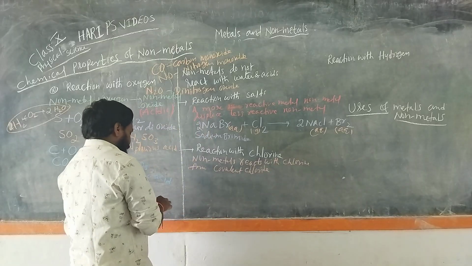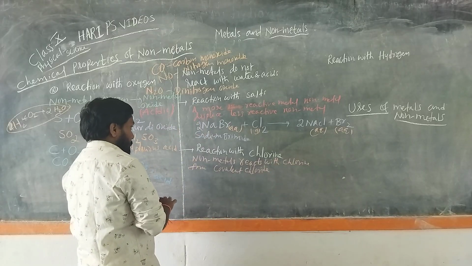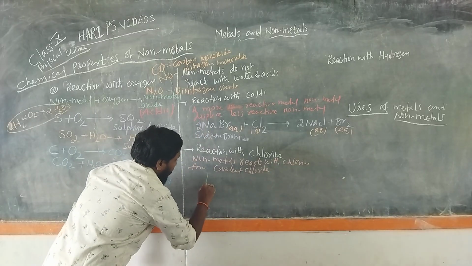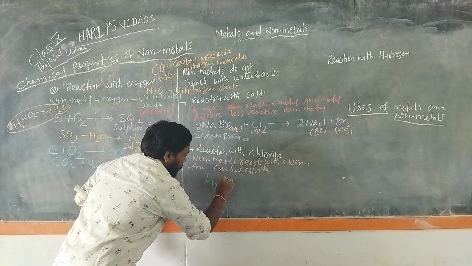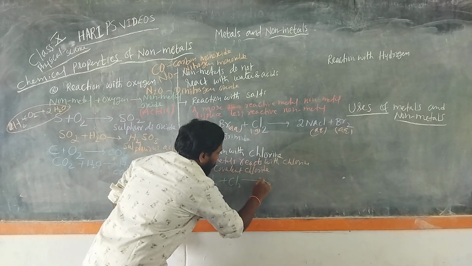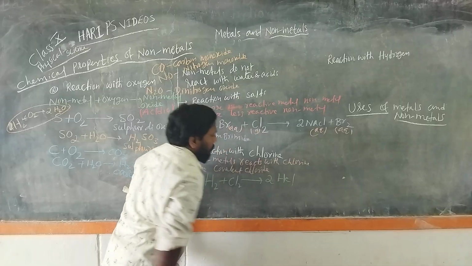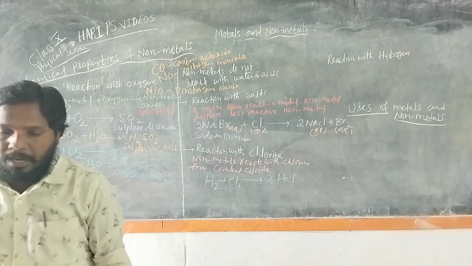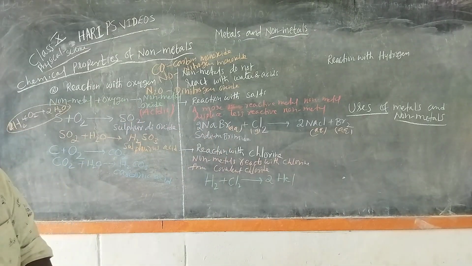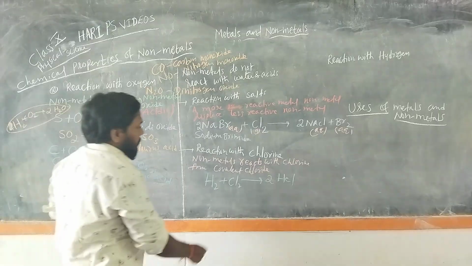For example, hydrogen is a non-metal, and with chlorine it gives hydrogen chloride, nothing but hydrochloric acid.